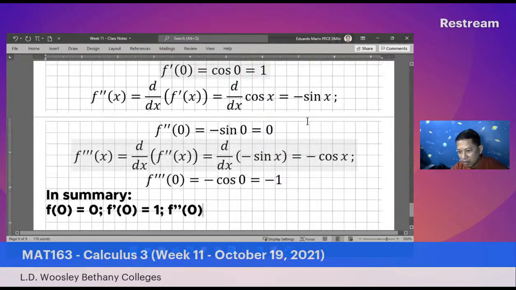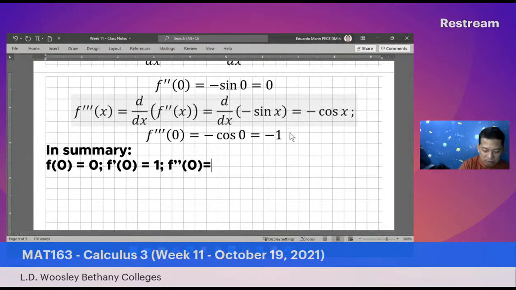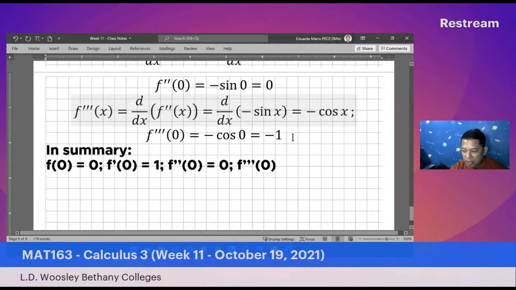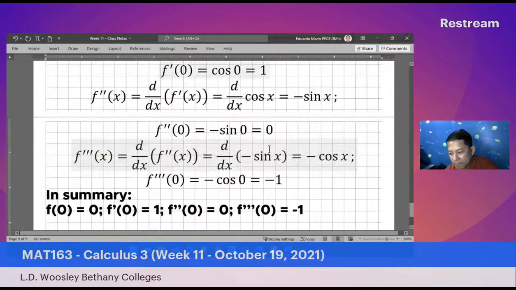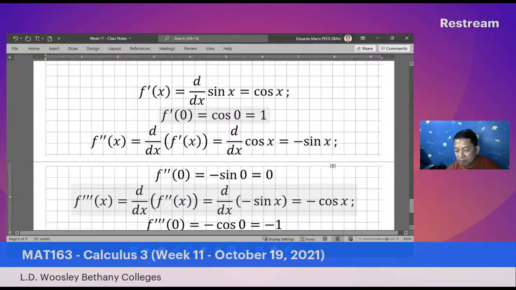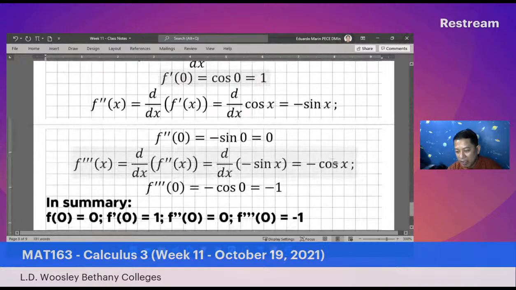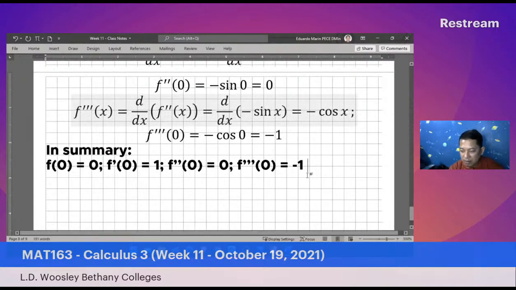Is 0. Then what is f triple prime of 0? As we have here, is negative 1 and so on. So yan yung magiging pattern niya. Kasi pag kinuha mo pa yung derivative ng negative cosine, magiging sine uli siya. Babalik siya doon sa una, so positive sine yon, 0 na naman. And then uulit na naman yung pattern natin.